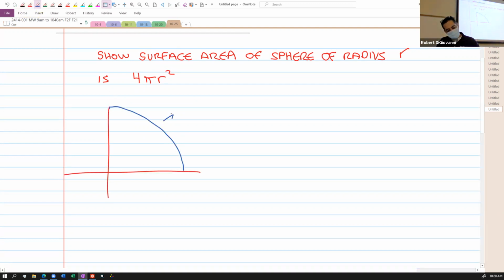We already said earlier today that that's the square root of r squared minus x squared, right? And we're going to go from 0 to r. And the only adjustment in the formula is this, 2 pi integral 0 to r.